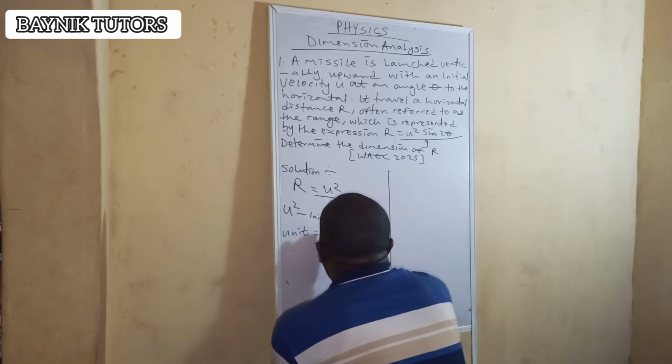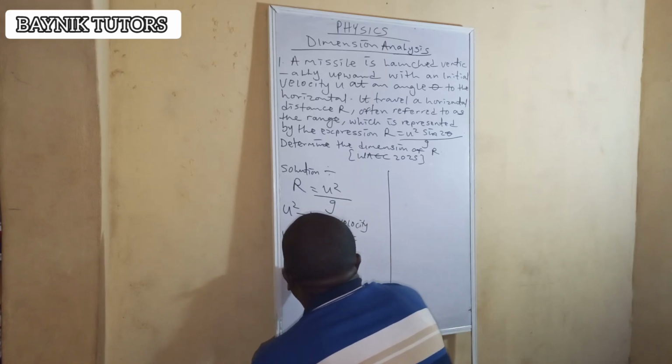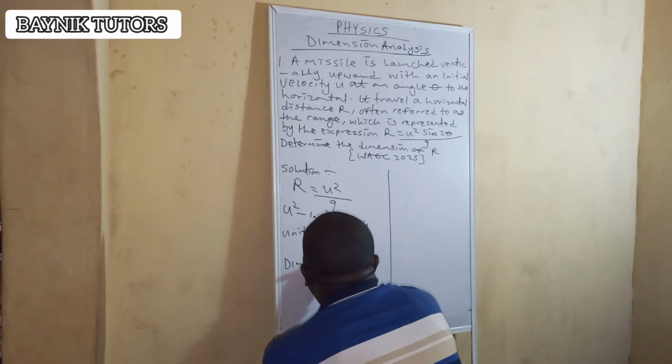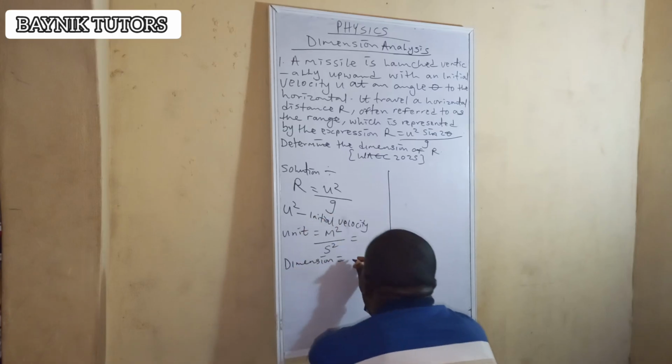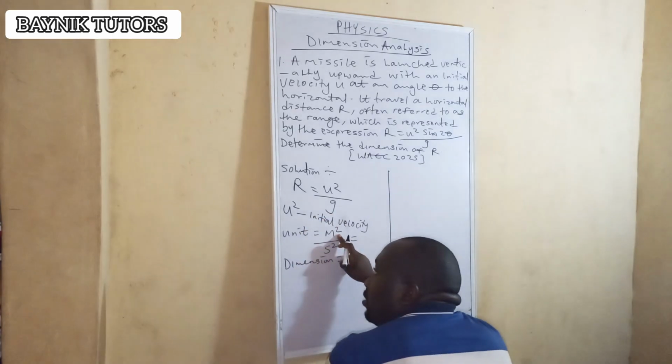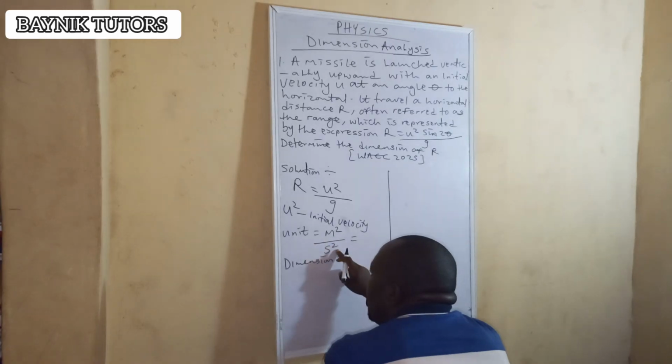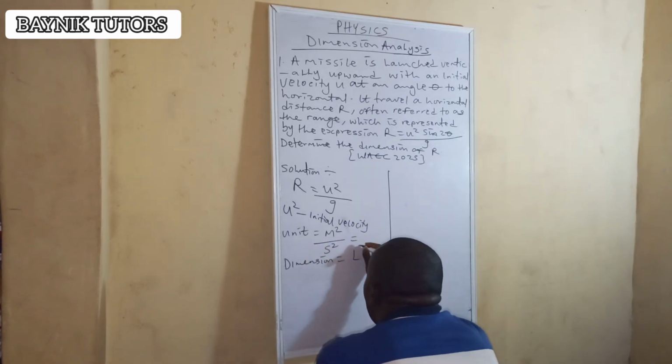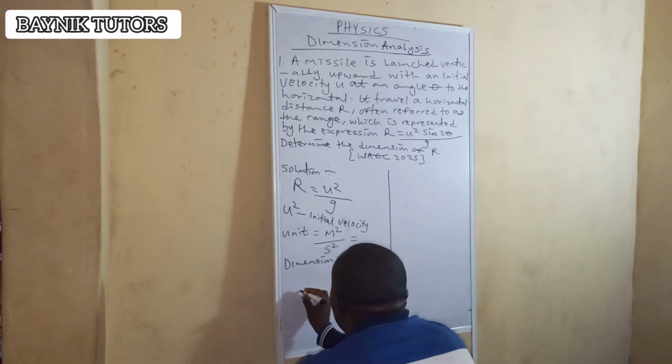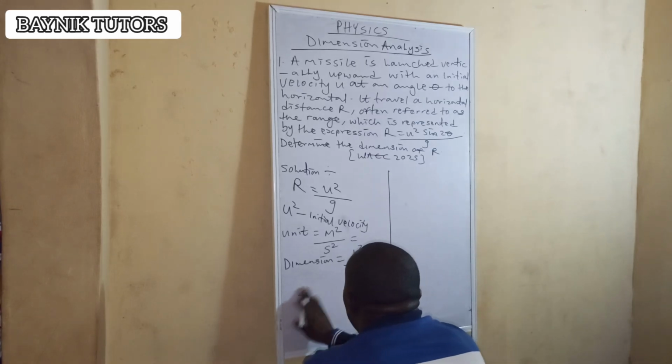So the dimension will now be L, because meter is L, seconds is T, so that will be L squared over T squared.